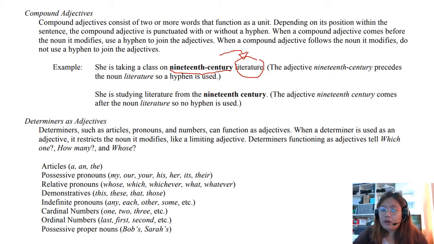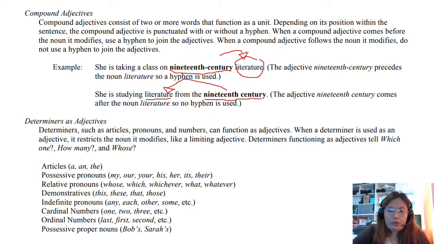According to our rule, we hyphenate a compound adjective if it comes before the noun it modifies. In the other statement, she is studying literature from the 19th century, our compound adjective is not hyphenated because it comes after the noun it is modifying.